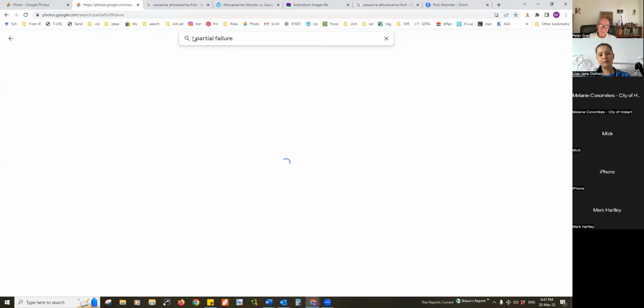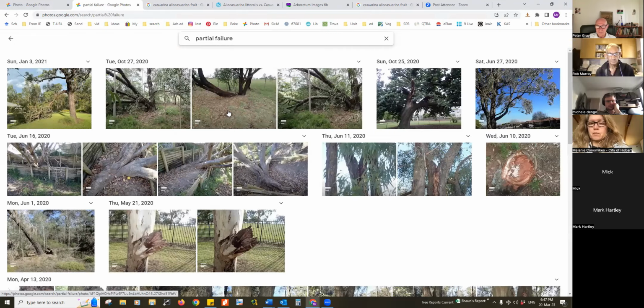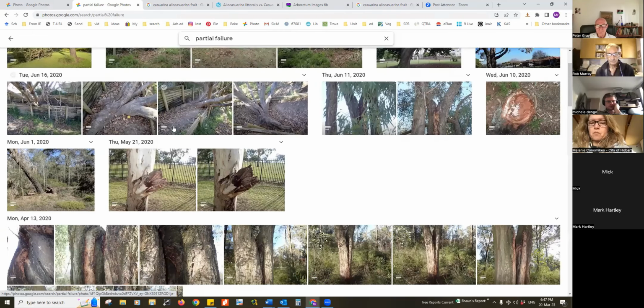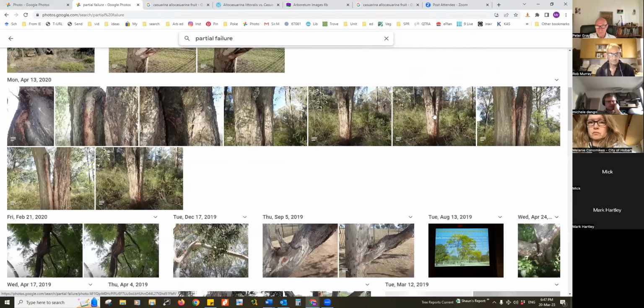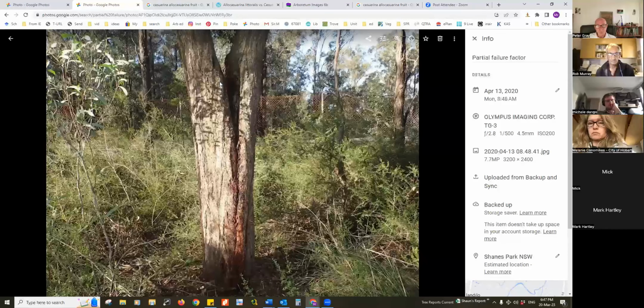When you have partial failures on significant trees, and if I can throw one up, this is not a significant tree, but that's a reasonable partial failure. If that was an important tree, you might want to do something to prevent that from breaking. What would you do?